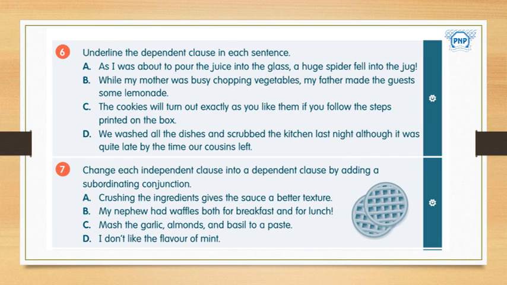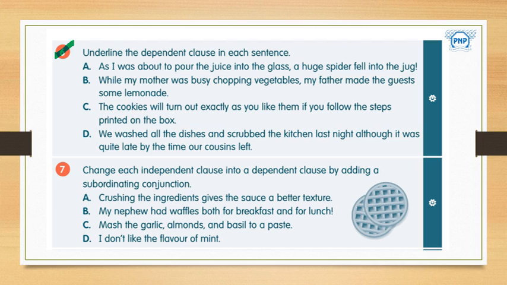Another question set. This sixth one is: underline the dependent clause in each sentence. Here you have to underline the dependent clause. It's very simple. A sentence that starts with a subordinating conjunction is nothing but an example of a dependent clause.